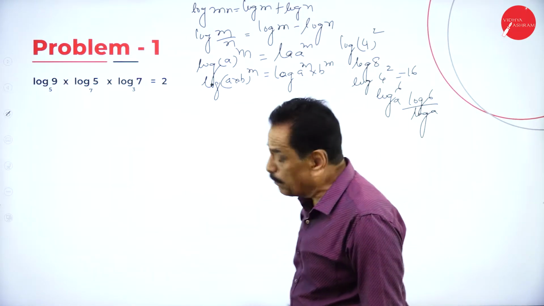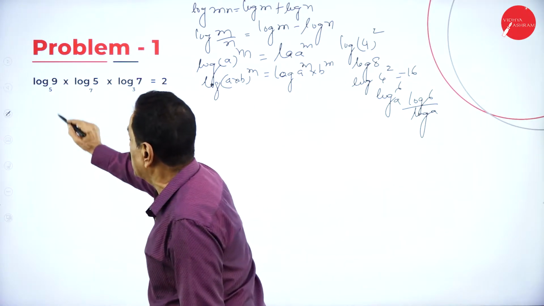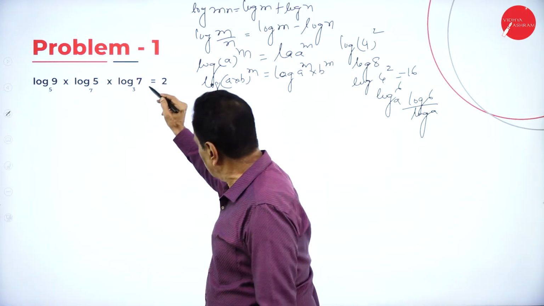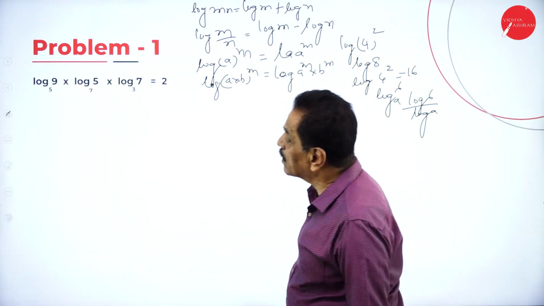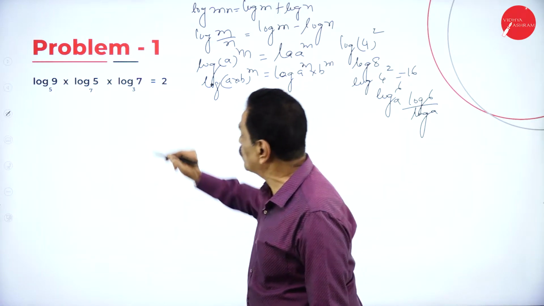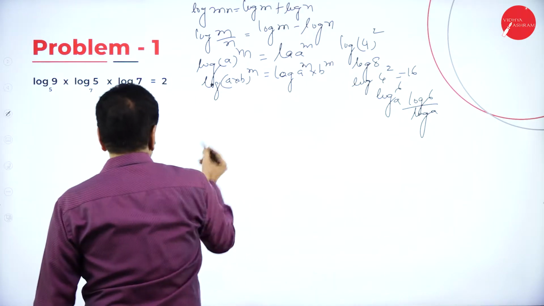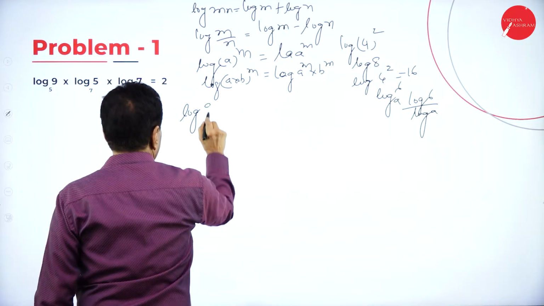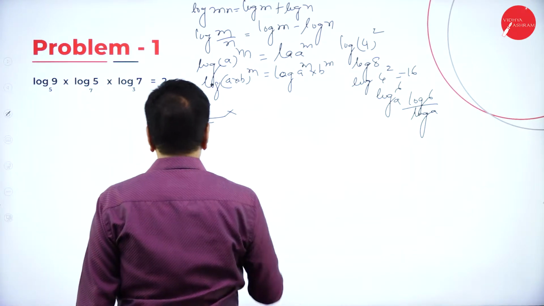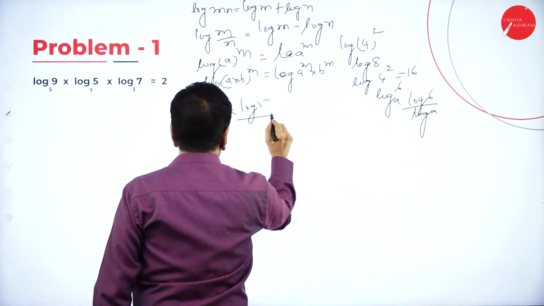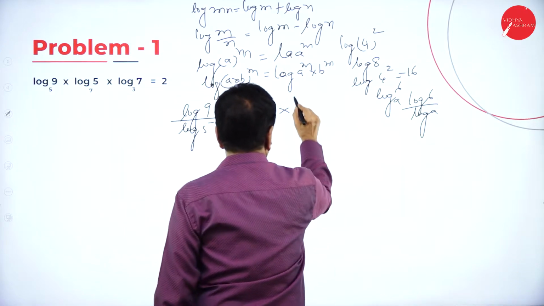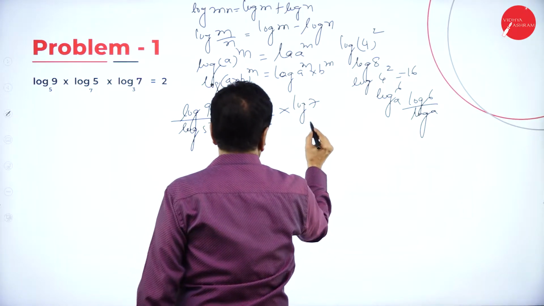So we'll move on to the problem now. How to write log 9 to the base 5, log 5 to the base 7, log 7 to the base 3? We can write log 9 divided by log 5, into log 5 divided by log 7, into log 7 divided by log 3.